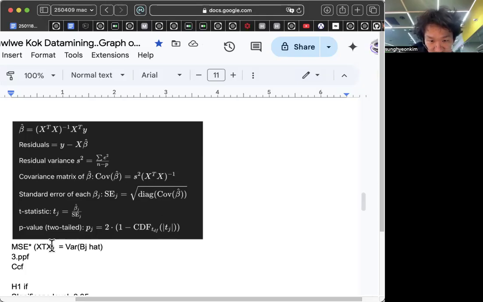Here it says s squared, and also about the p-value, which is 2 multiplied by 1 minus CDF of the test statistic, which will be compared with the critical value.